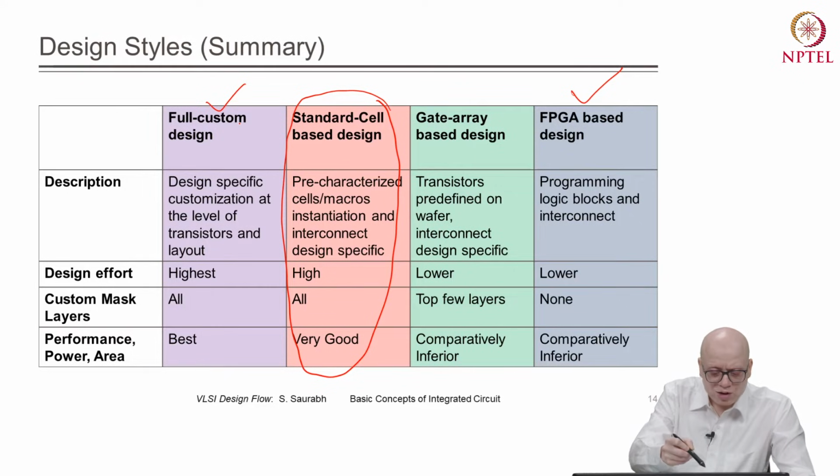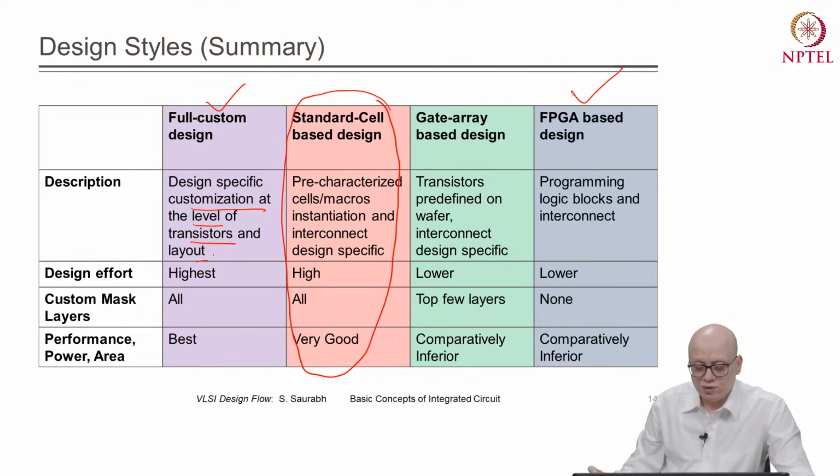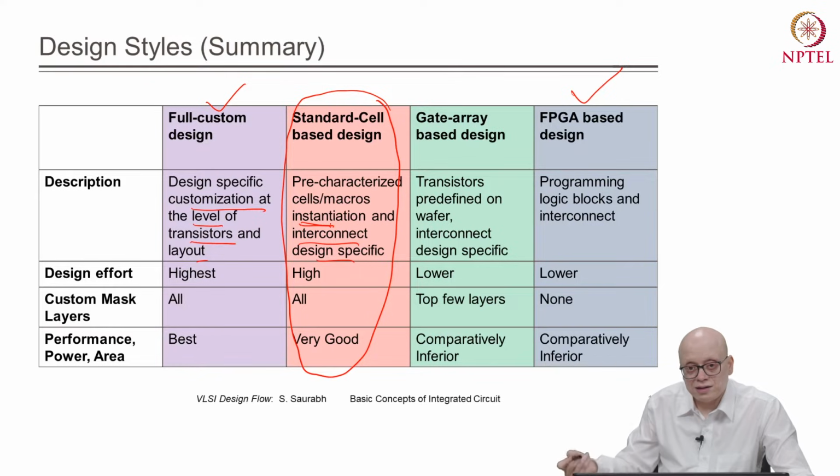Just to summarize the differences between these 4 design styles. The full custom design is a design style in which the customization is done at the level of transistors and layout. In the standard cell based design, customization is done at the level of interconnections between standard cells, and also the instances that will be used inside our design, which is customized by the designer.